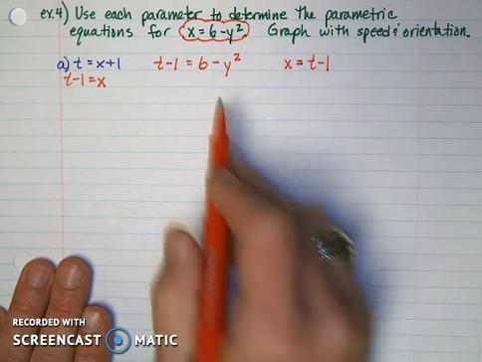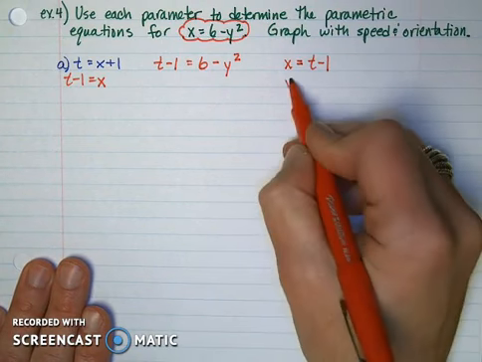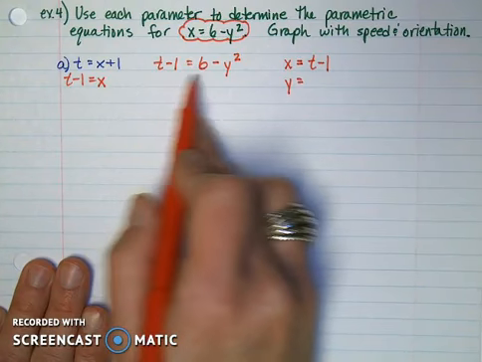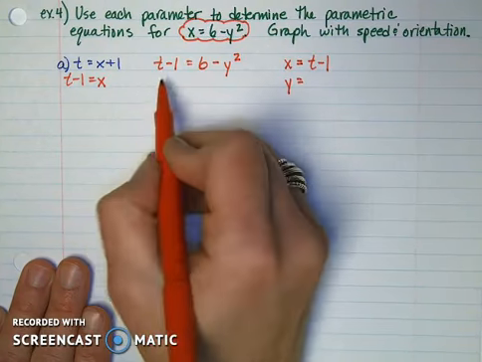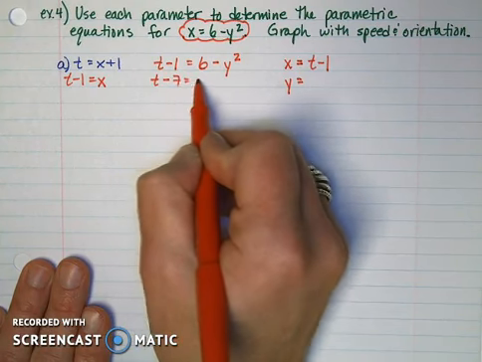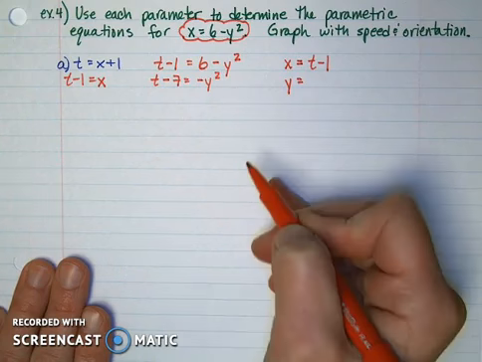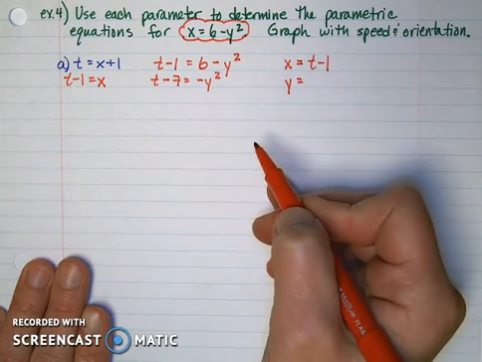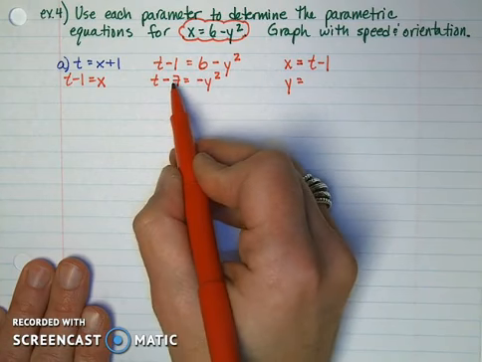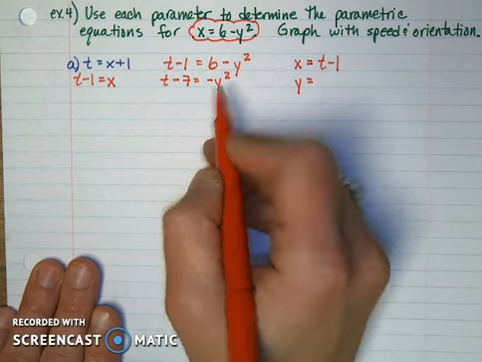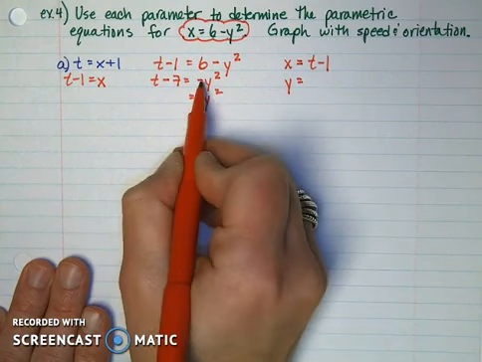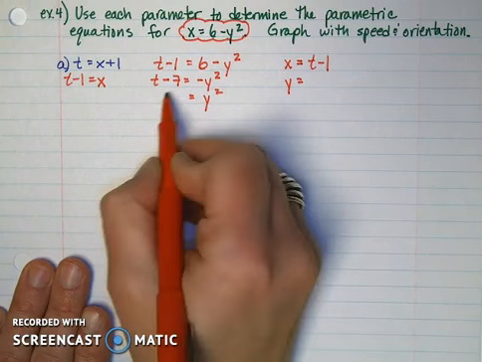I need y equals. So I need to combine terms here. I'm going to move the 6 to the other side. That will give me t minus 7 is a negative y squared. Well, I'm going to take the square root, but before I do, I want to move that negative to the other side. So when I do that, I have a positive y squared, and I divide both sides by negative 1 essentially, and it will flip these.